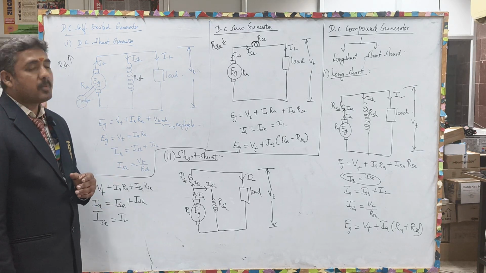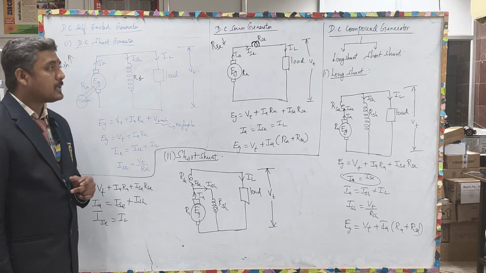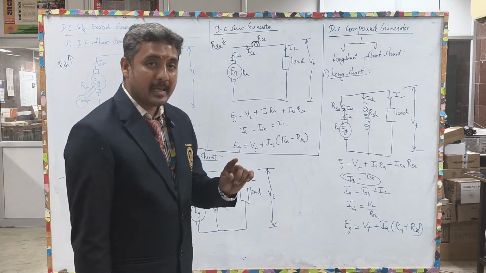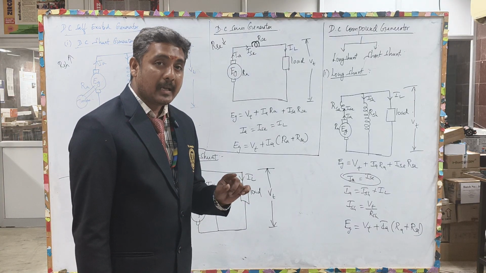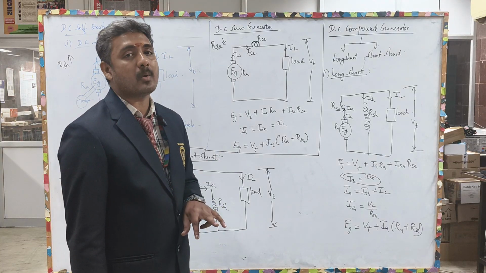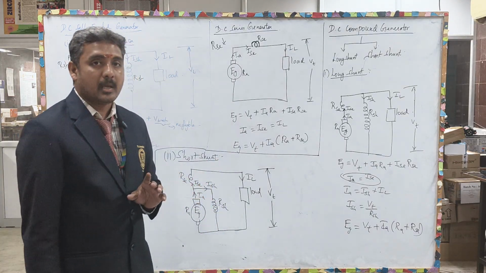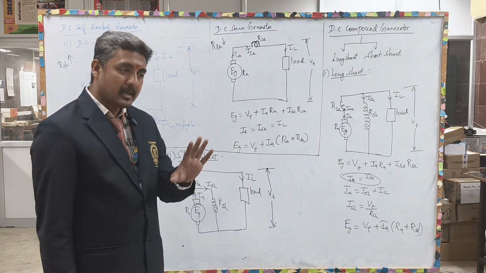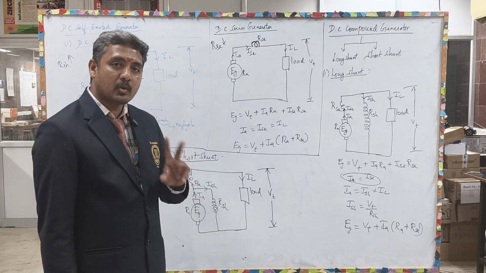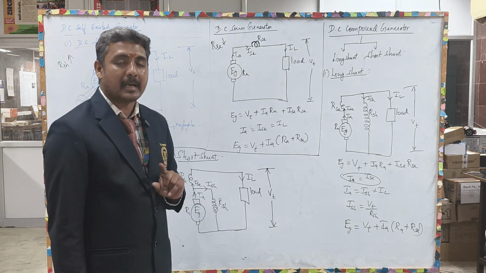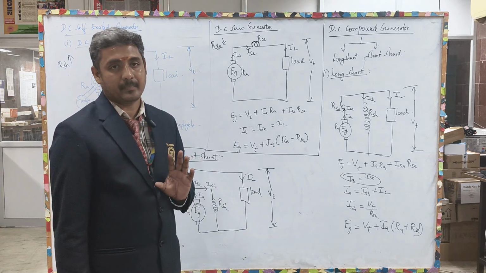In a DC compound generator, based on the connection you will be having long shunt and short shunt. Based on the excitation you will be having two categories, cumulative compounded and differential compounded. A compound generator has two field windings, one is the shunt field winding and another is the series field winding.